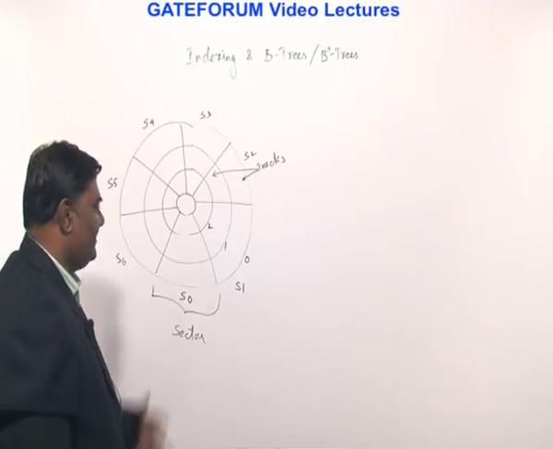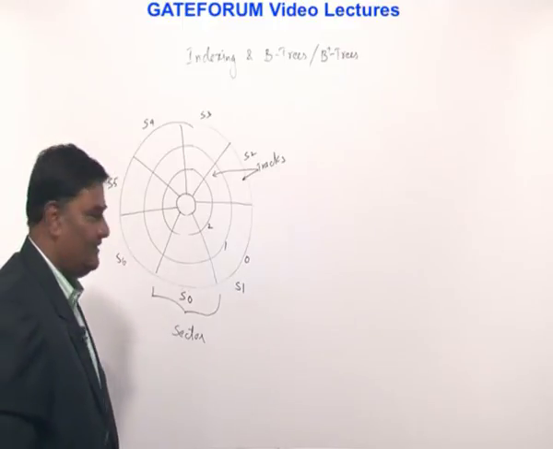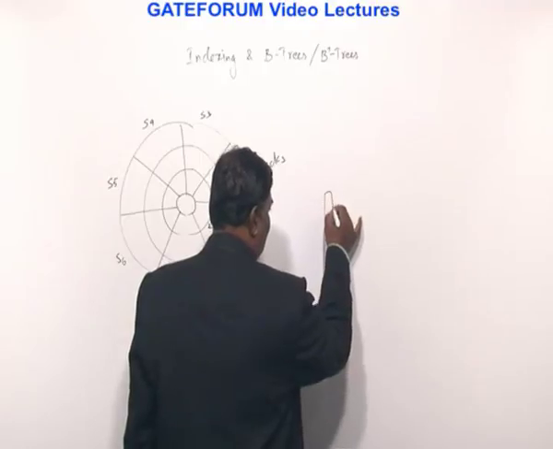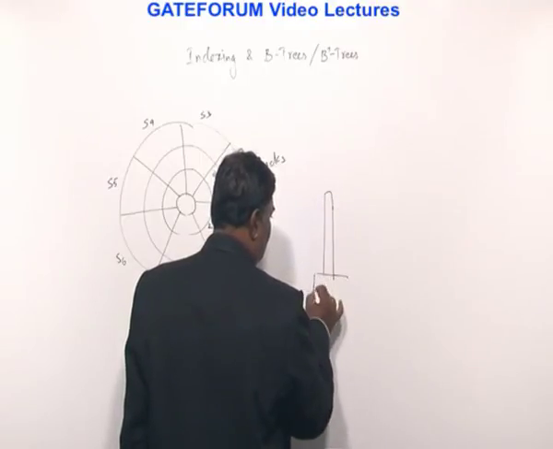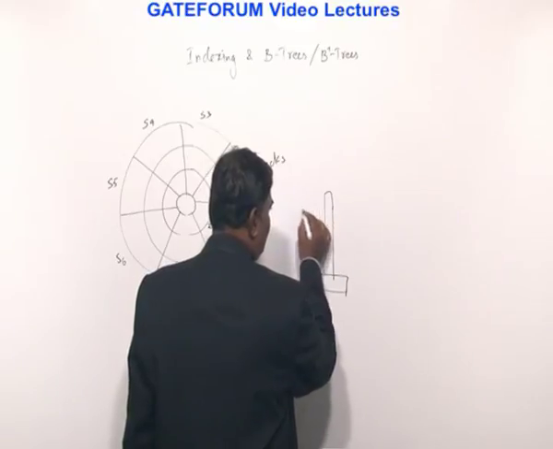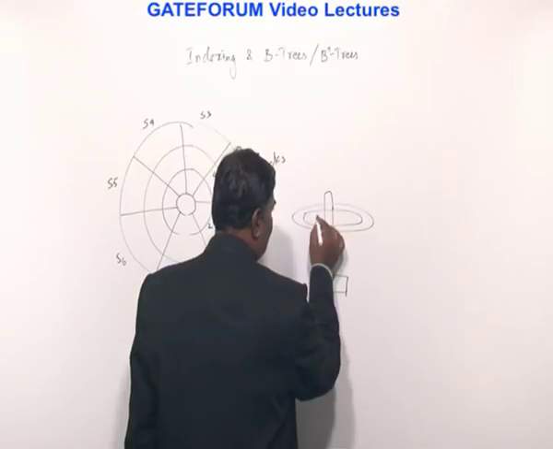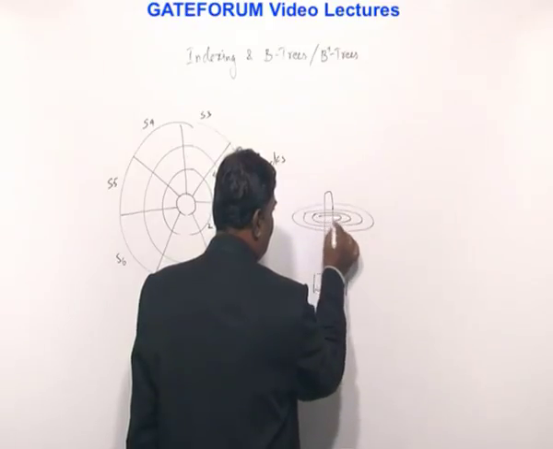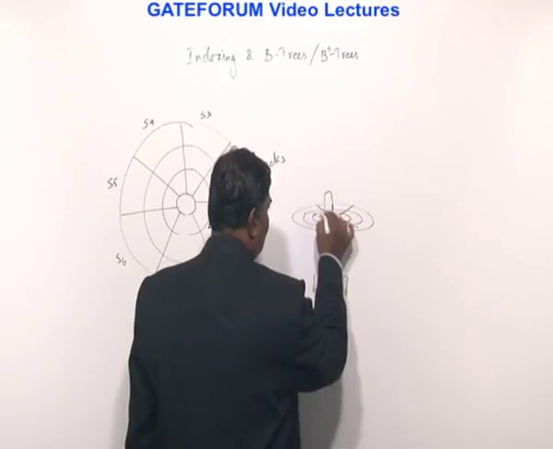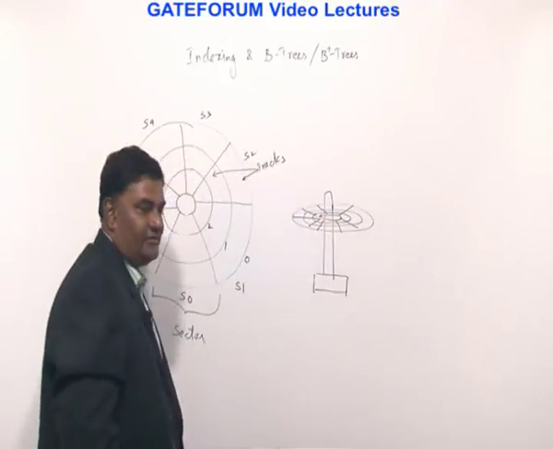Each track has its number and each sector also has a number. So this is how a disk looks like.